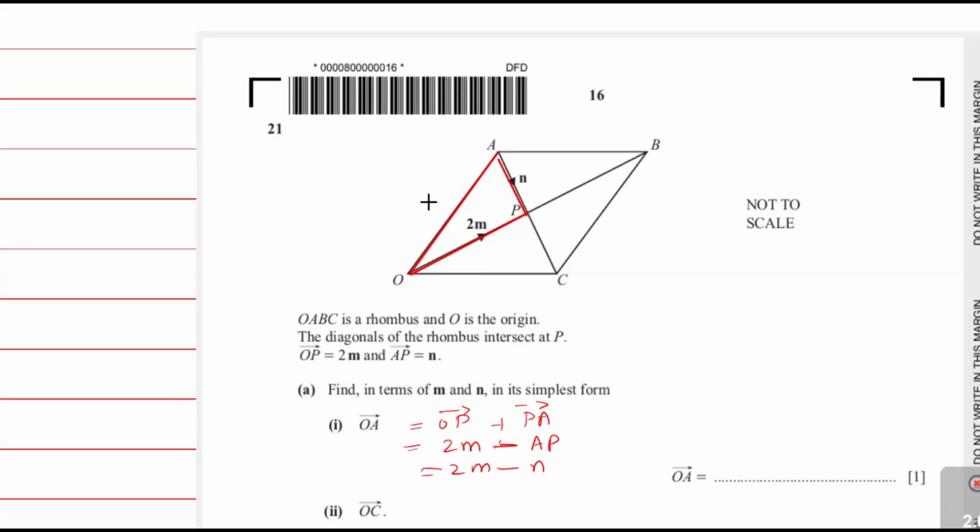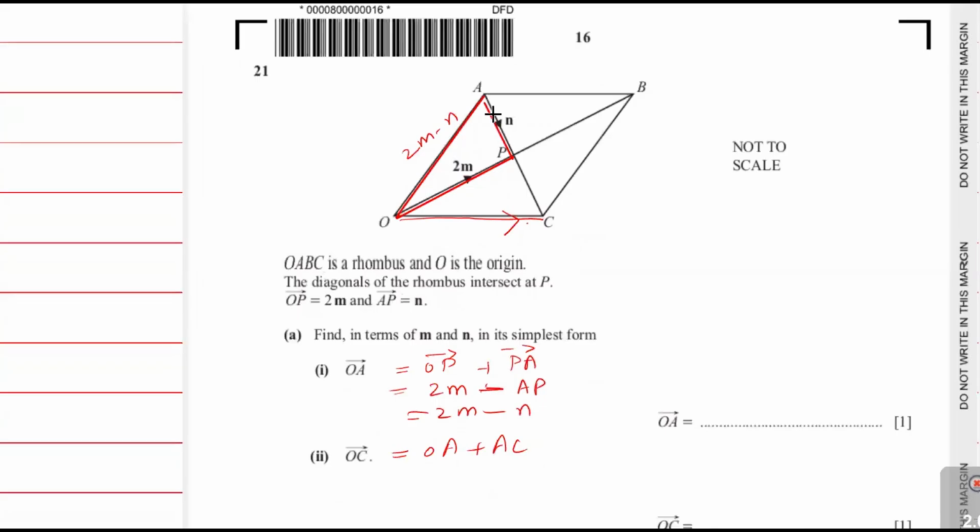And next, here is OC, and this length OC we can calculate by using the head to tail rule. Look here, OA plus AC equals OC, and this is the rhombus.